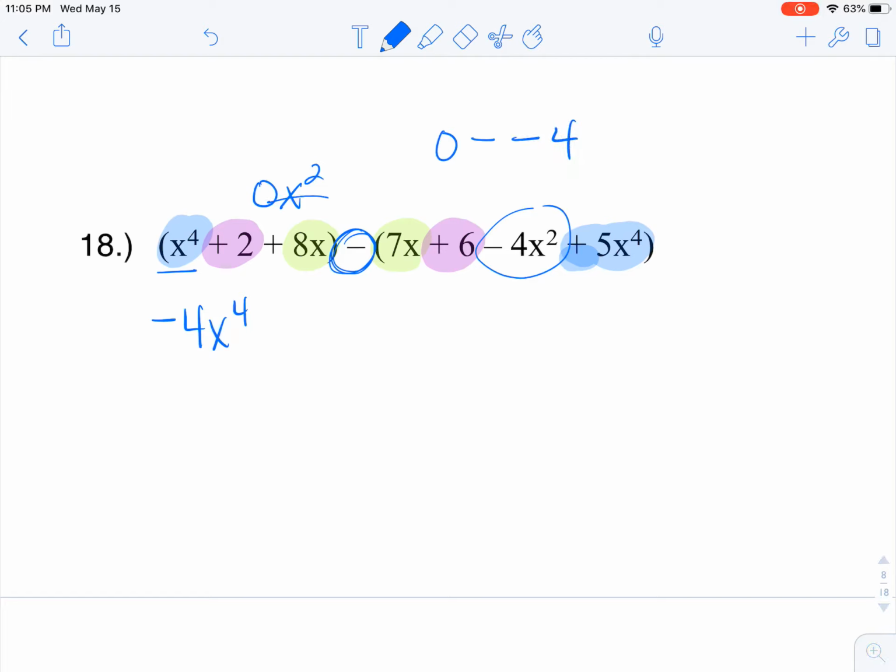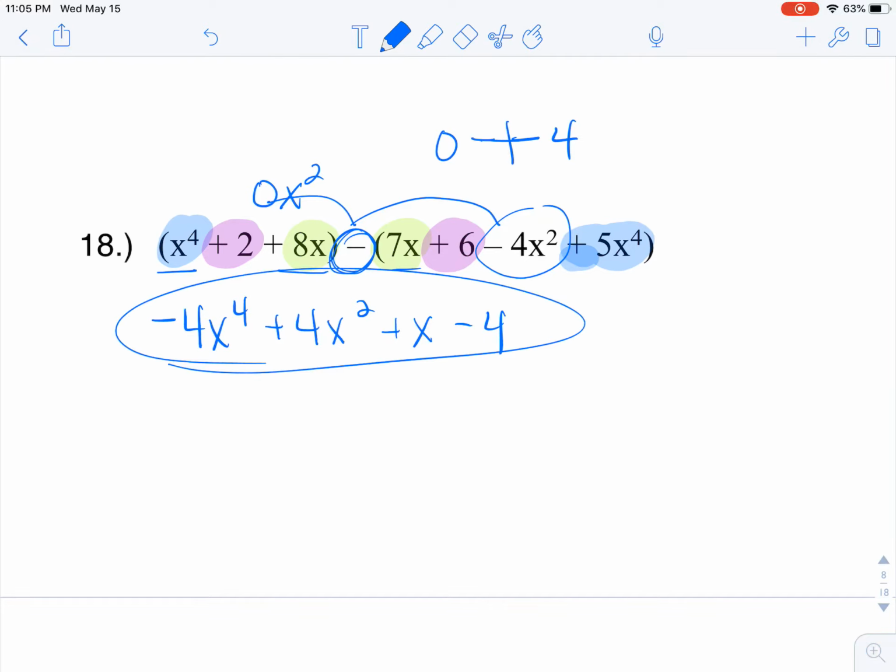Because we go from here to here to here. So this becomes plus. So this is plus 4x squared. And then we have the x's. So that's just going to end up being plus x. And then finally we have minus 4. Again, just combining like terms.